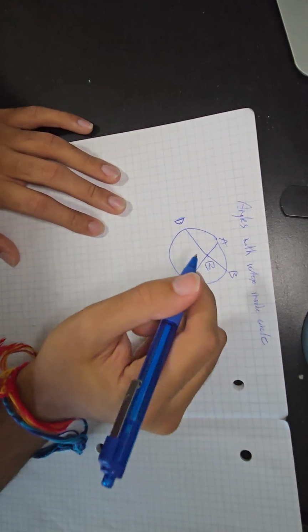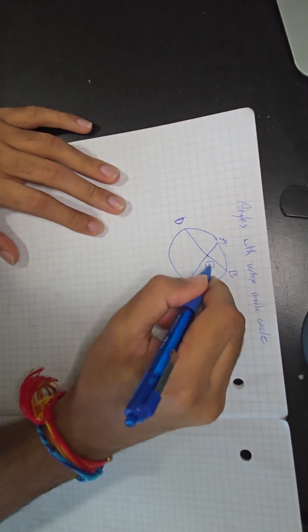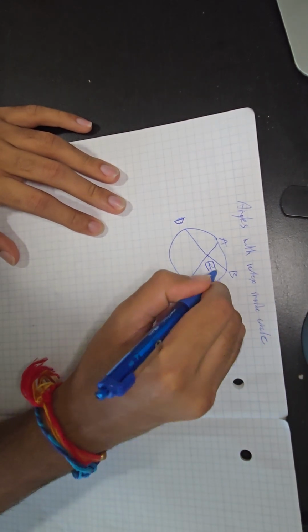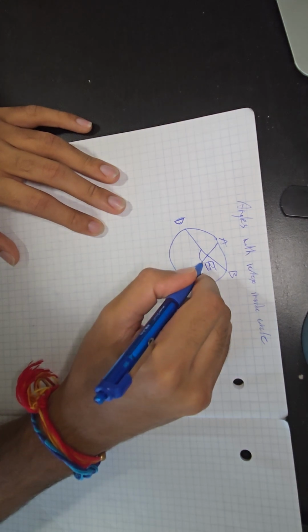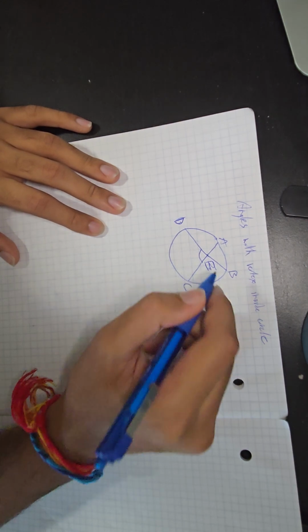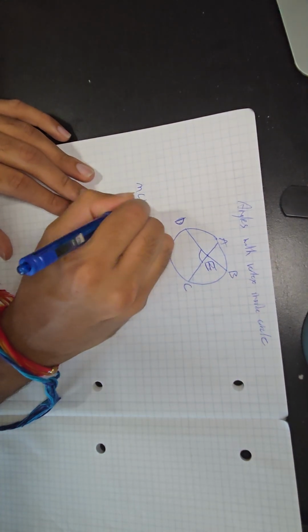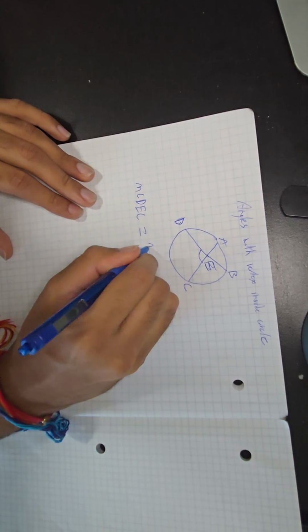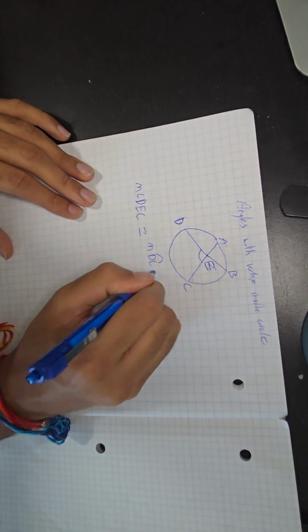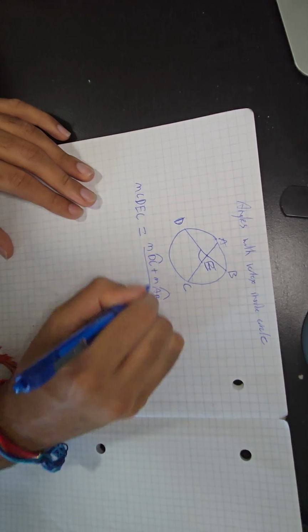We have a theorem which states that the angle DEC is going to be equal to the measure of arc DC plus the measure of arc AB, divided by 2.